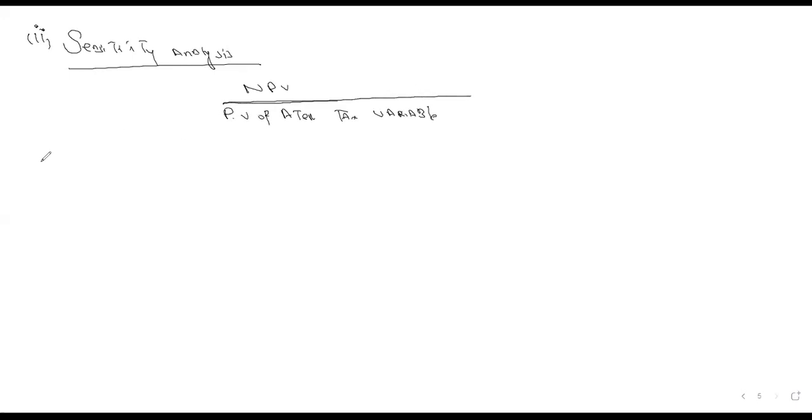First we are computing the sensitivity of which? Sales. So here the variable is the sales. We have to first make them after tax and then compute the present value of them.